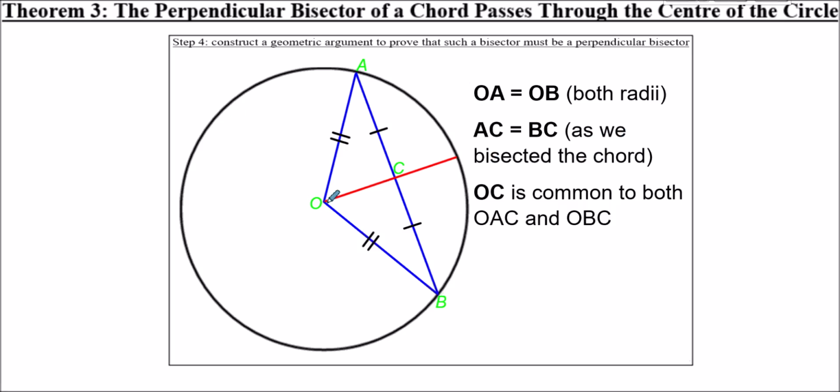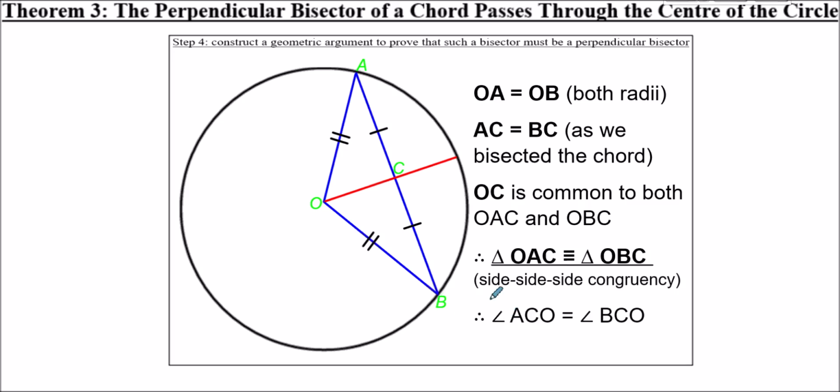OC, this line from O to C, is a common side, common to both triangles OAC and OBC. So these triangles here and here have three sides which are the same length, a radius, AC and BC, and this shared side. So what this means is that the triangle OAC has to be congruent to triangle OBC, using the idea of side, side, side congruency.